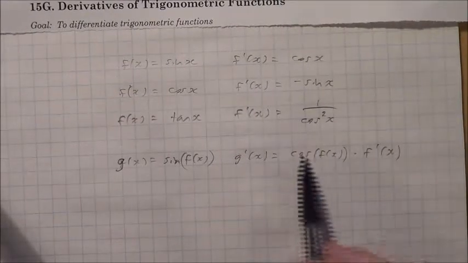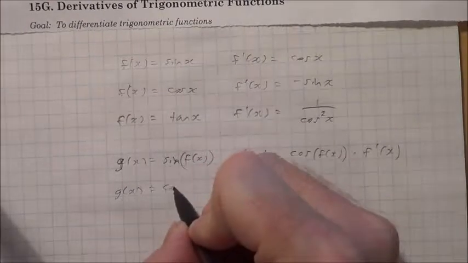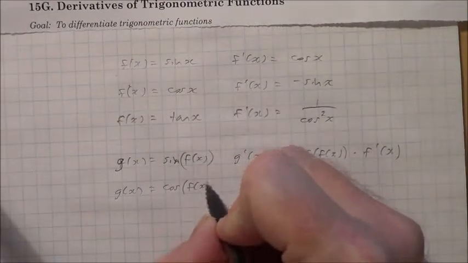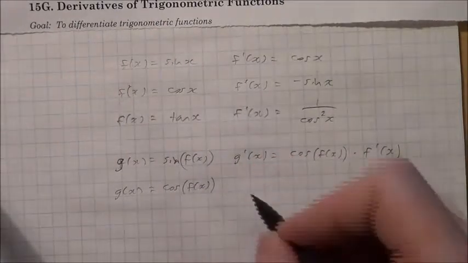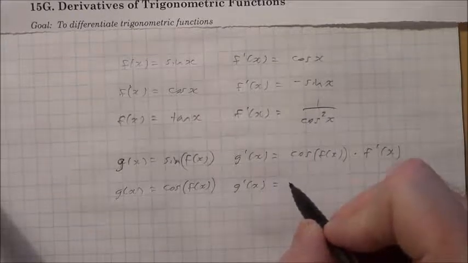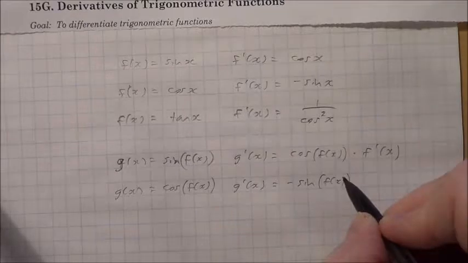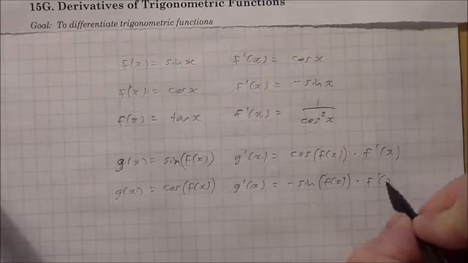So now again, using the chain rule, if g of x is the cosine of f of x, so we've got a function in as the angle, then the derivative function, the gradient function g prime of x, is negative sine f of x multiplied by f prime of x.